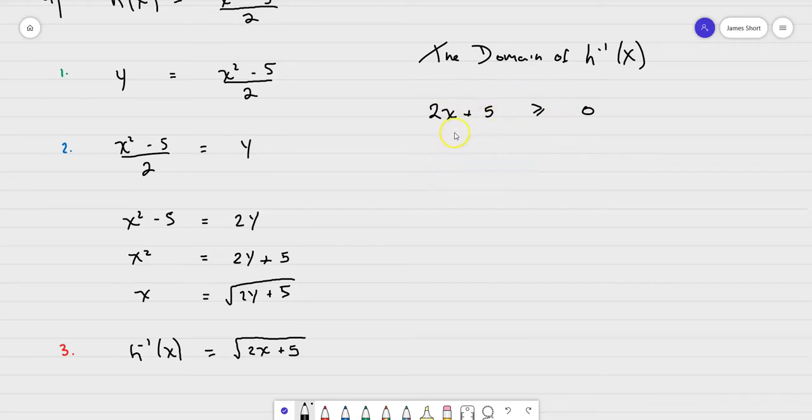So we need that to be true for the domain. Let's solve this for x. We take the 5 to the other side and it becomes negative 5, so 2x is greater than or equal to negative 5. And now we can have x is greater than or equal to negative 5 divided by 2.